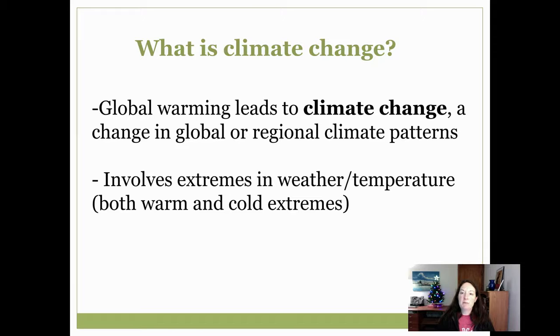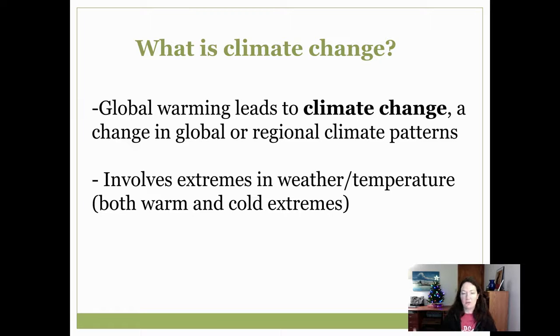Right now, what we're seeing is global warming because of our adding of greenhouse gases to the atmosphere. And just keep in mind that global warming or climate change involves extremes in both directions, both warm and cold, both dry and wet. So we see some regions that are a lot drier right now, like out west in California. We see some regions that are much wetter. The southeast, even around here, we've been getting a lot more rainfall than we have historically gotten in this area.